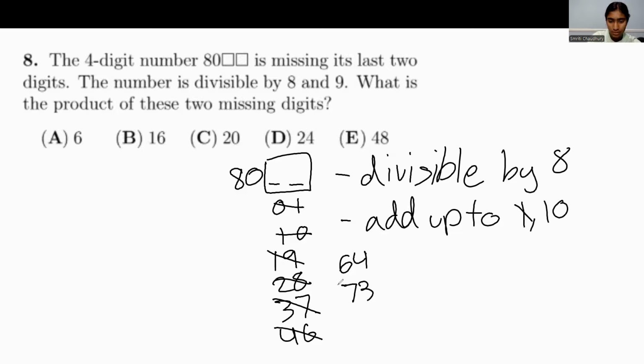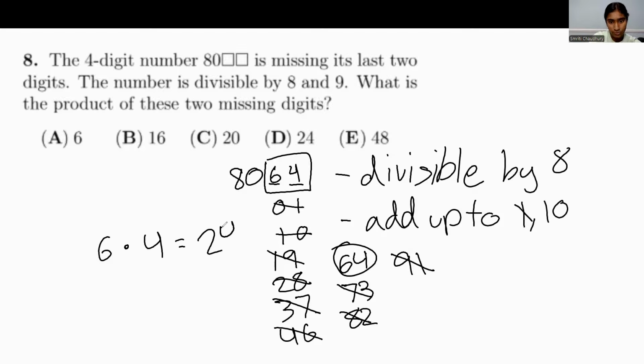So 73, no. 82, no. 91, nope. Which means that 64 was the only number that worked. So our missing digits must be 6 and 4. But we're looking for the product of the digits. So our answer is 24, which means our answer is D.